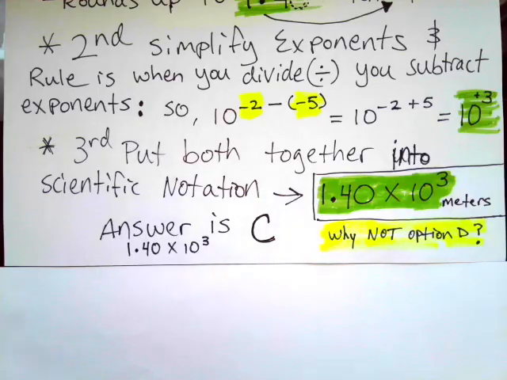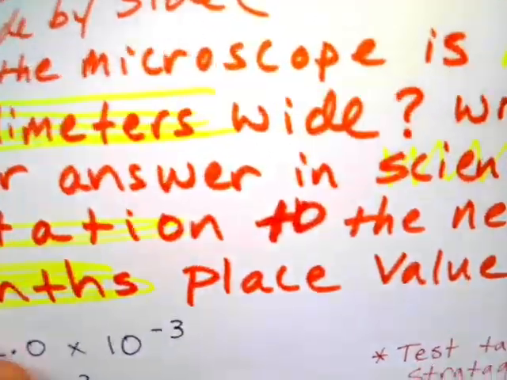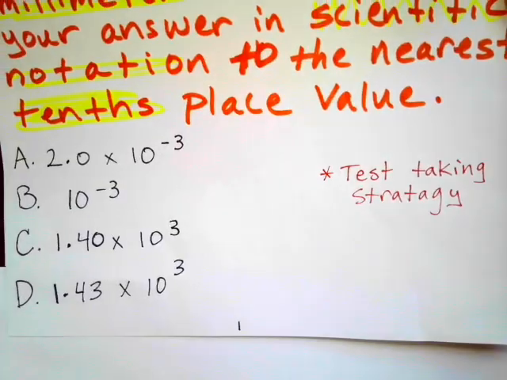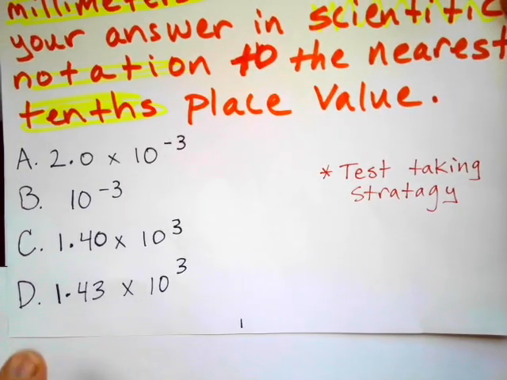Why do we not choose option D? Let me grab the original problem here and let's take a quick look at that. Why would you not want to answer problem D? Well, we talked about in our test taking strategy.